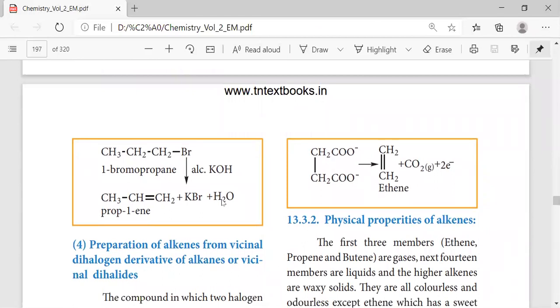Here the alkyl halide reacts with alcoholic KOH. The Br minus gets attacked by this K plus so that we get KBr, and this H along with this OH leads to the formation of H2O. The bond shifts over here so that we have a double bond here.